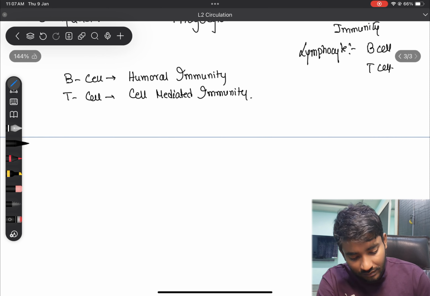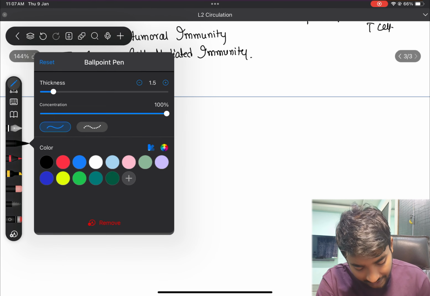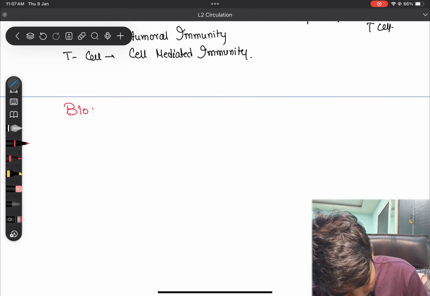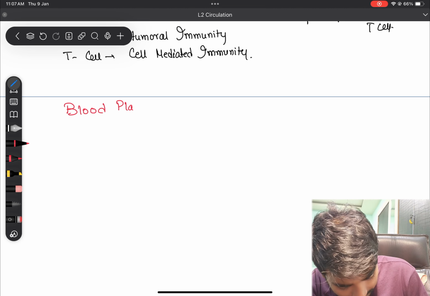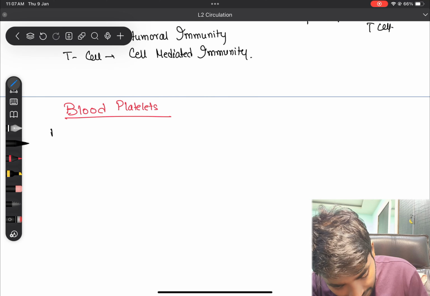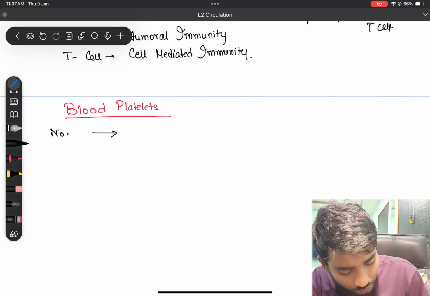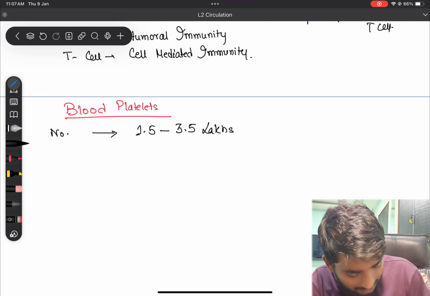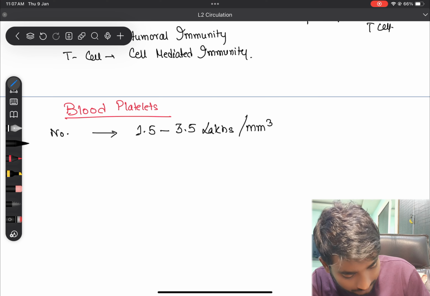Okay. Now we come to the next topic, blood platelets. Blood platelets number 1.5 to 3.5 lakhs per cubic millimeter of blood.